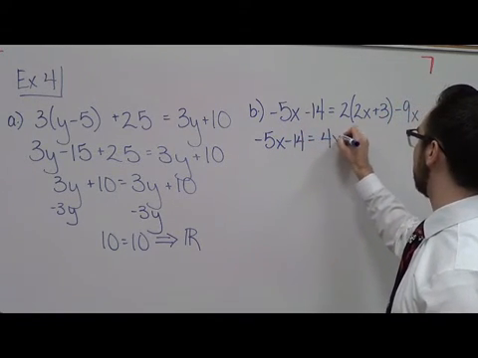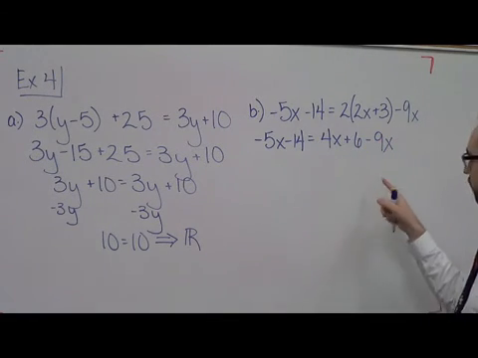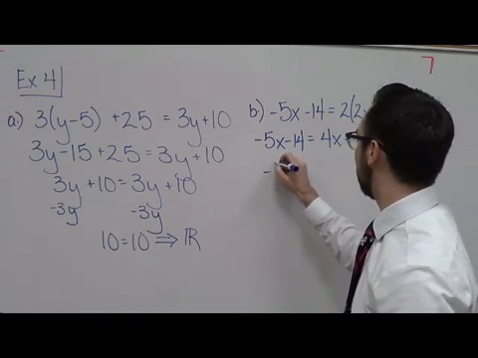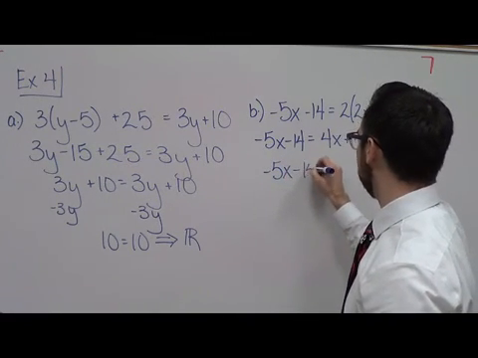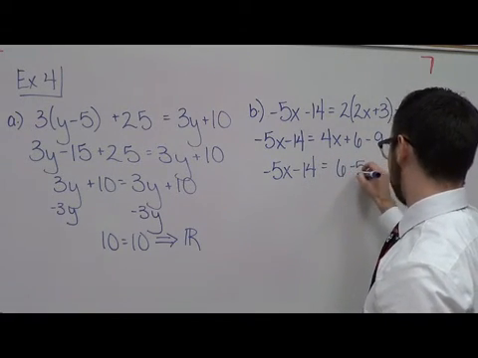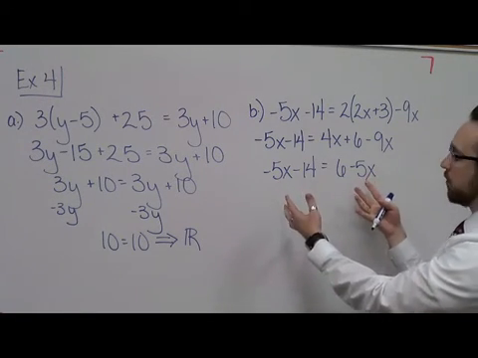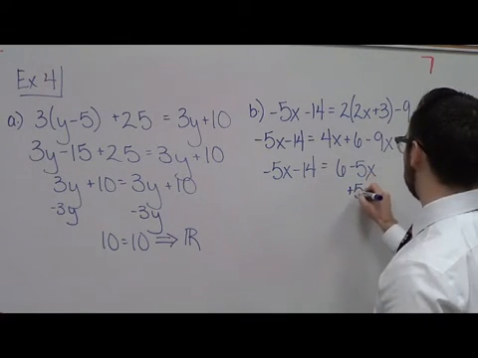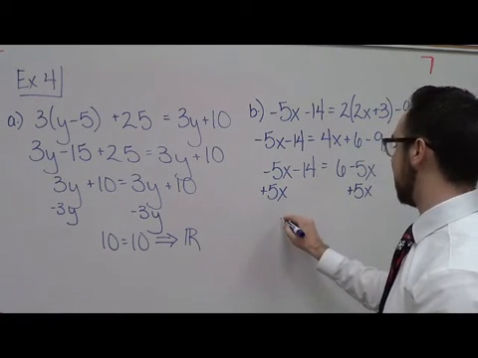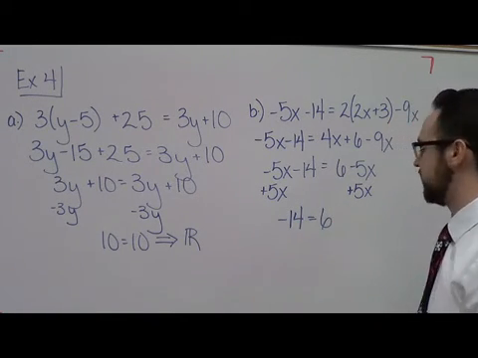This side becomes 4x plus 6 minus 9x. Combine like terms on the same side first before we move things around. And because we have the same coefficient on both sides, it doesn't matter which side we move it to. So I'm just going to go ahead and add 5x to both sides. Notice though that cancels it on both sides, and I'm left with a negative 14 is equal to 6.